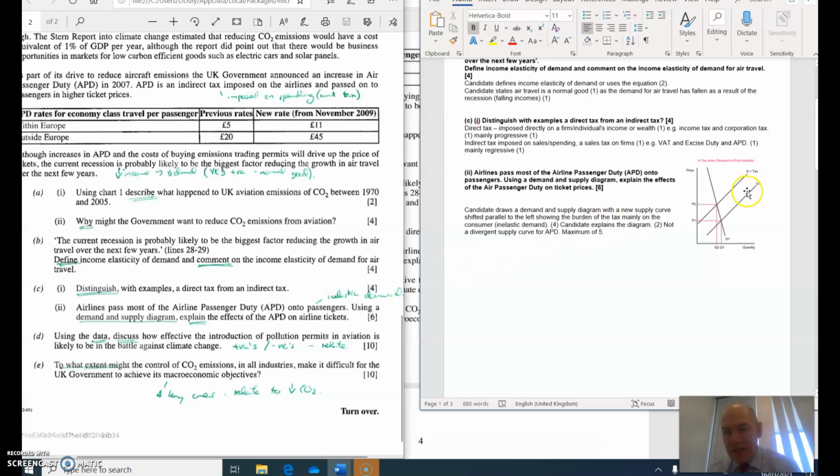We know it's a unit tax, so it will be a parallel leftward shift in the supply curve. As a result of this, use your 3 skills tips, use your exemplars, and we would be able to say that the cost of the tax is mainly borne by the consumer.